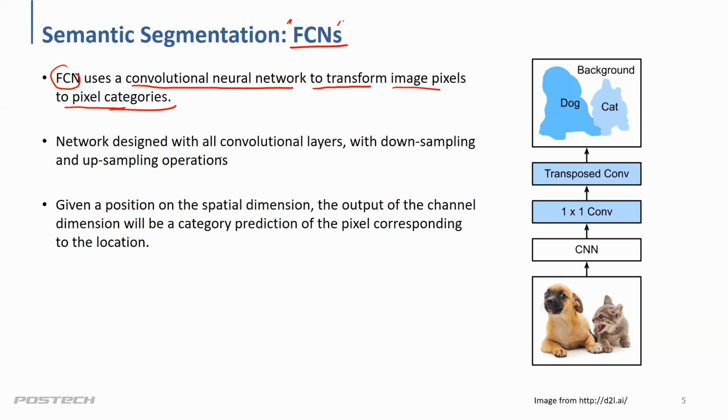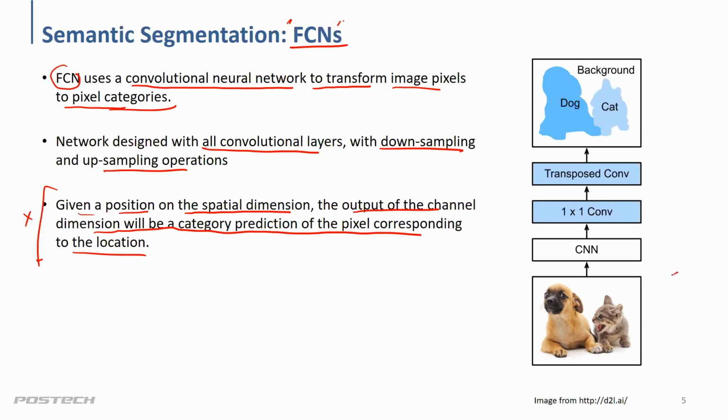It's all convolutional layers with downsampling and upsampling, and given a position on the spatial dimensions, the output of the channel dimension will be the category prediction of the pixel corresponding to that location. You don't have to worry about this point, I want to explain it in the following slides.